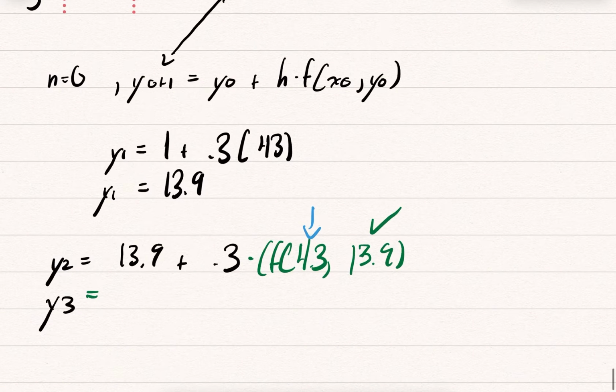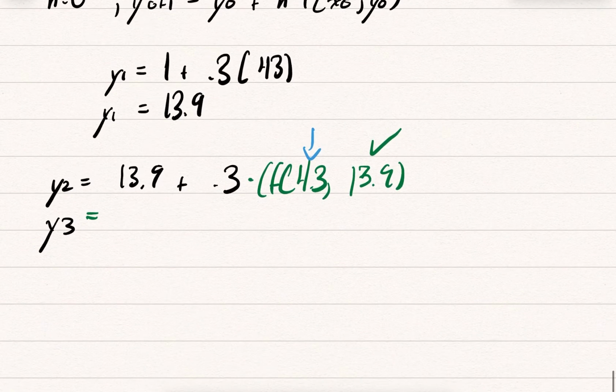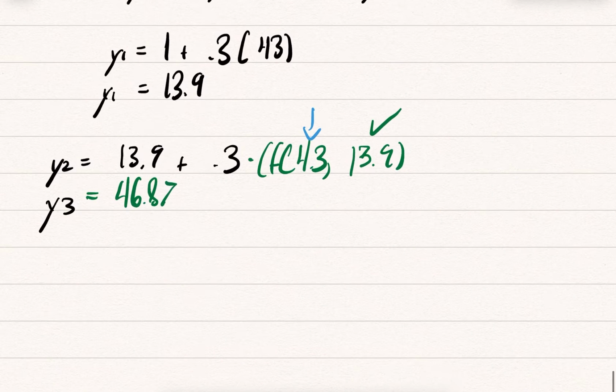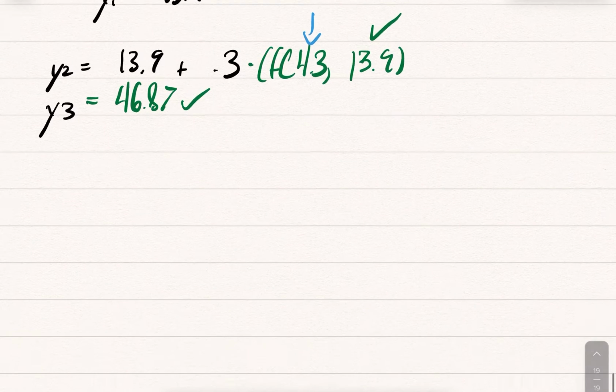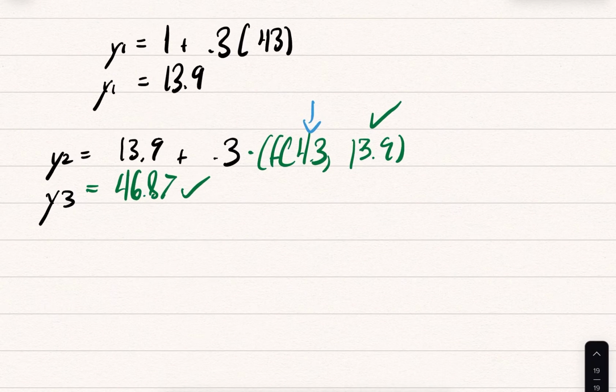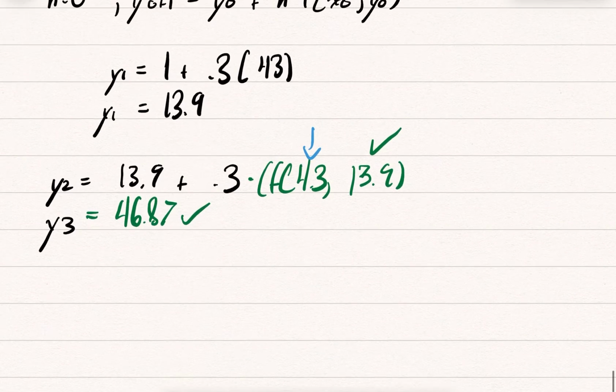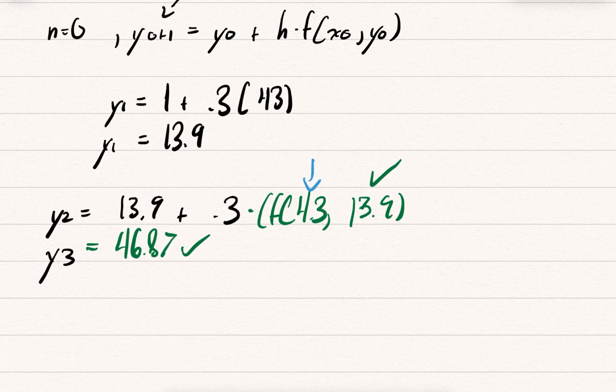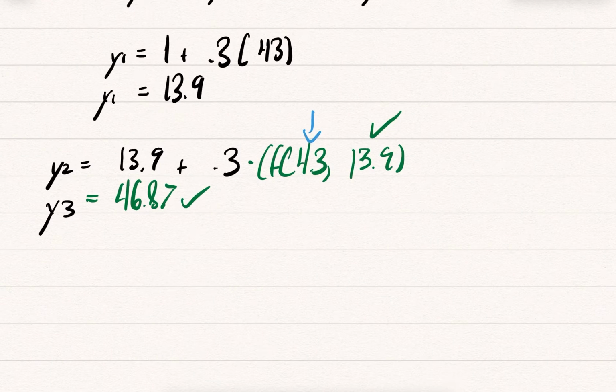And then this y value is perfectly fine. And then we'll get 46.87 after calculating it. And this is the correct answer to 2 decimal places. Okay. And just so we're clear, this is y2.